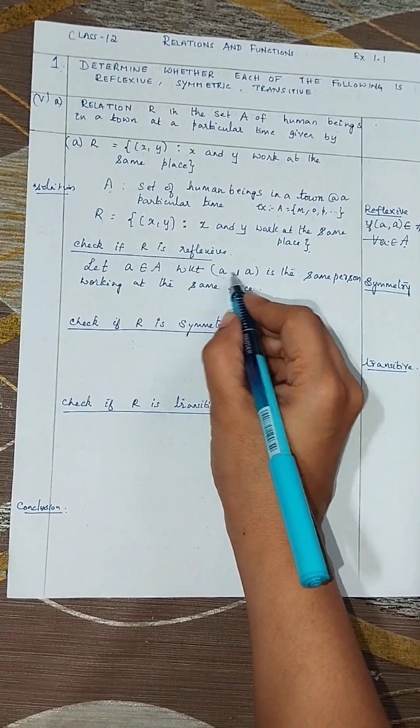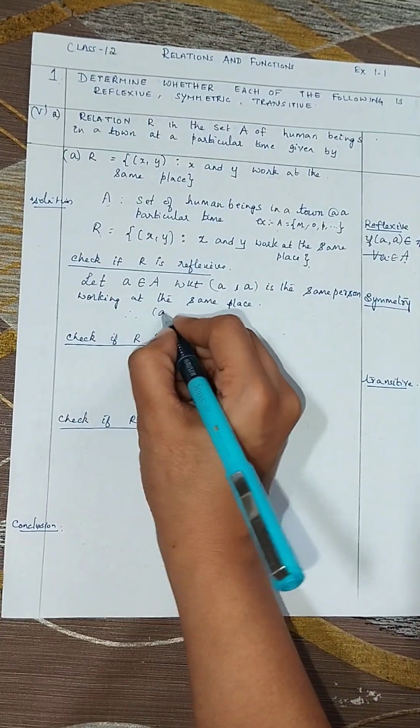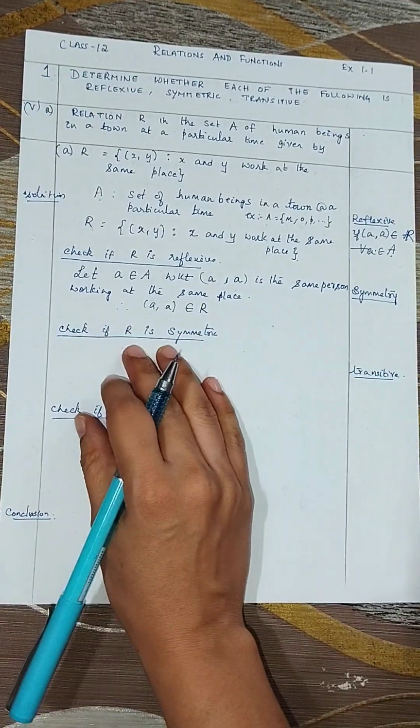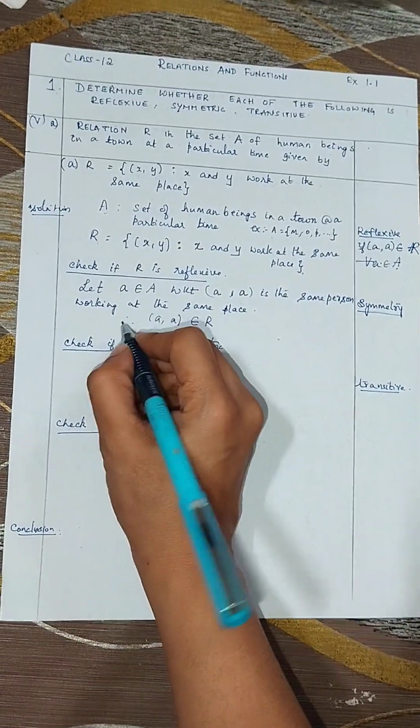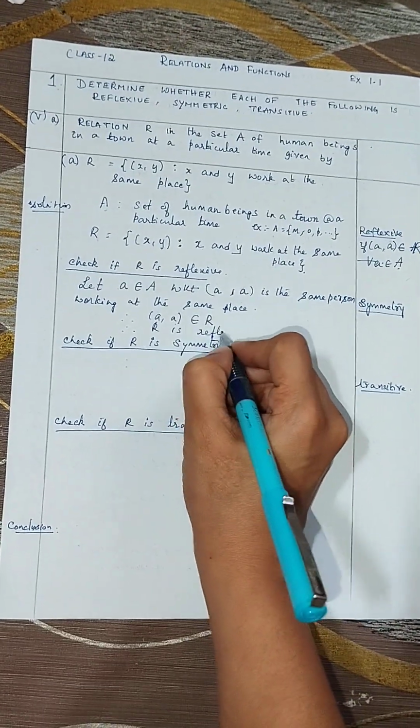Same person, obviously they work at the same place. So clearly we can write (a, a) belongs to the relation R. So if (a, a) belongs to R, we can say R is reflexive.